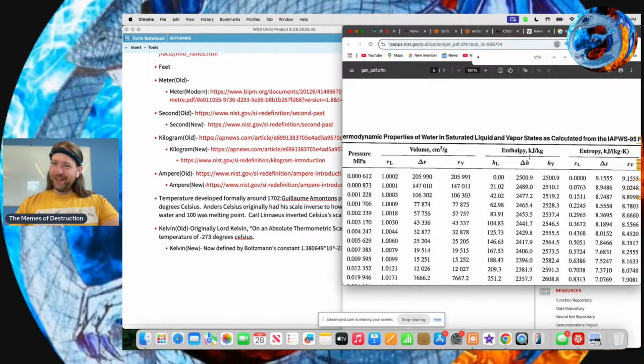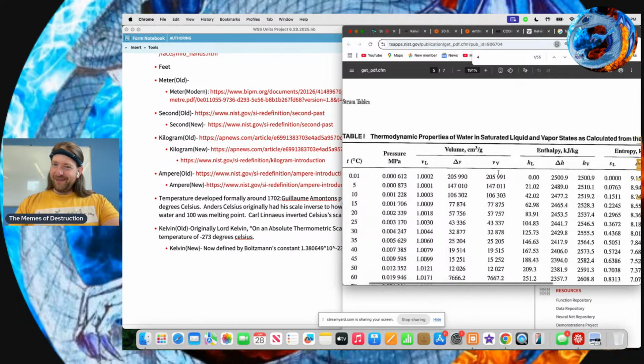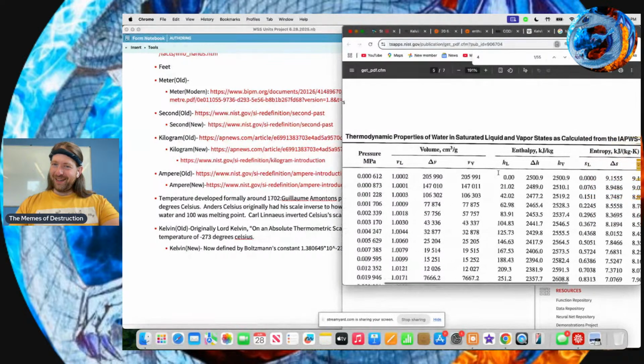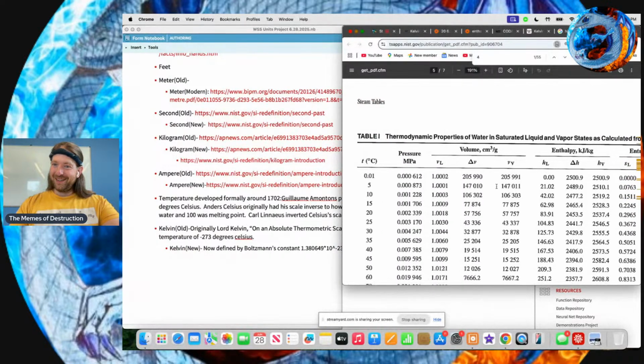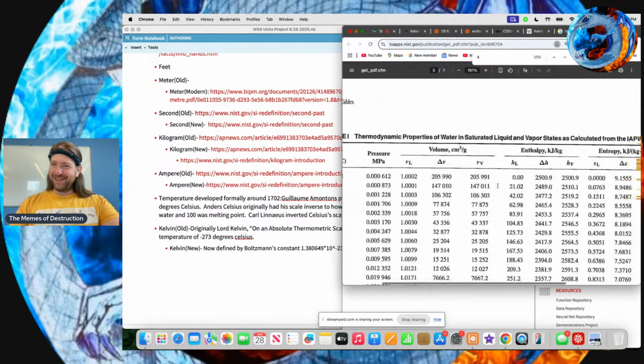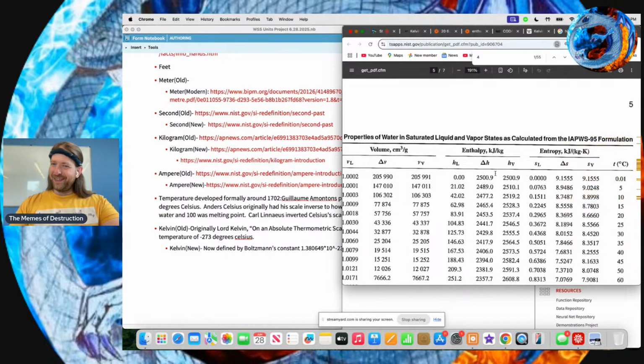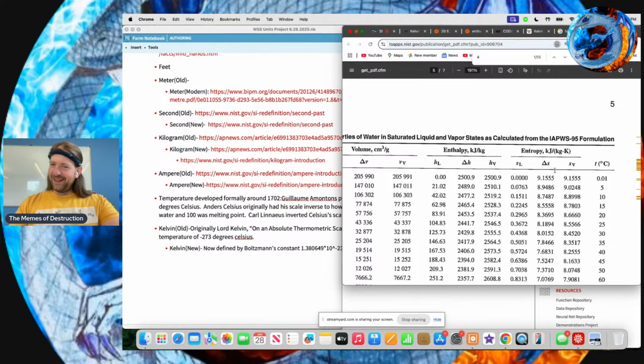Okay, the enthalpy, so kilojoules per kilogram. Okay, for some reason there's nothing there. Well, it seems to be very little temperature. Okay, 2,500. All right, so is that?